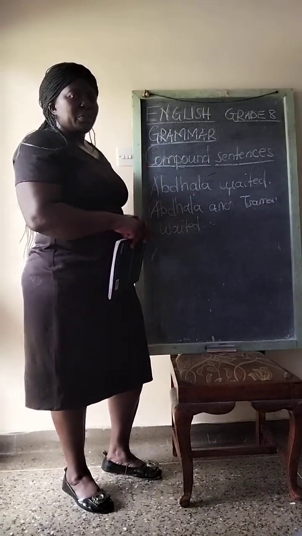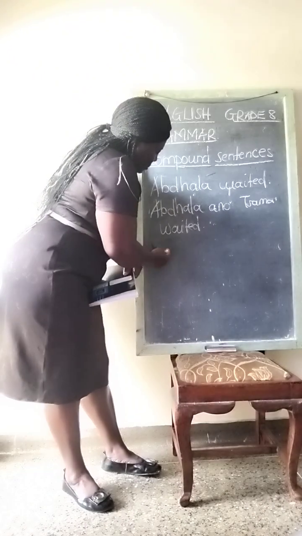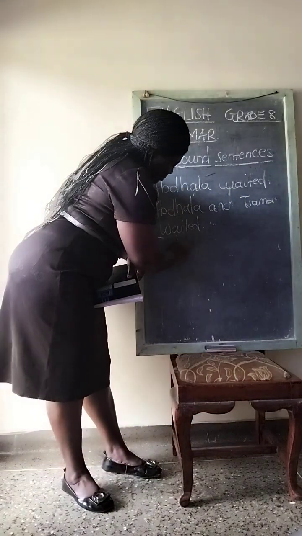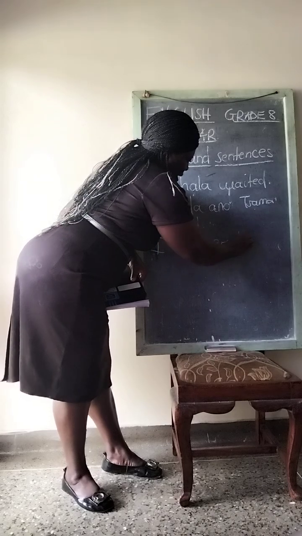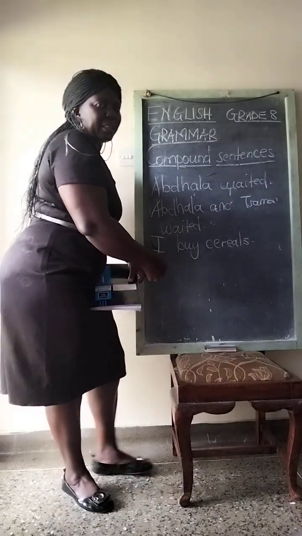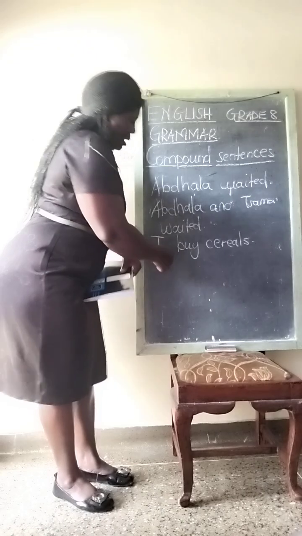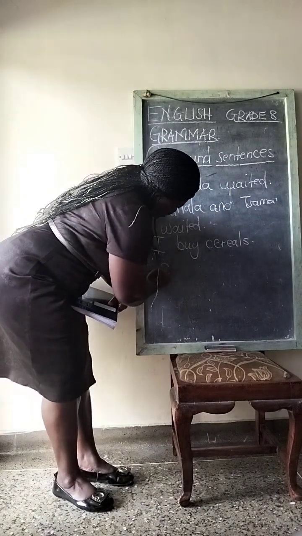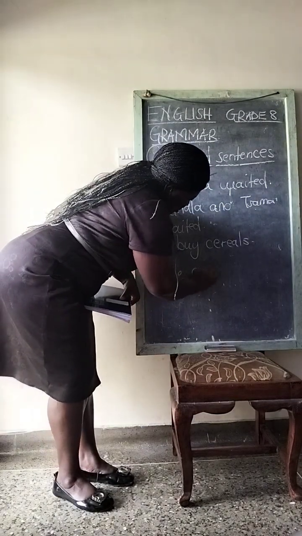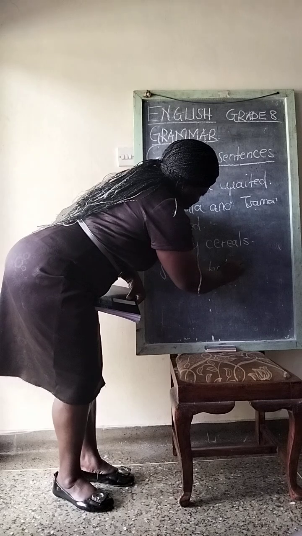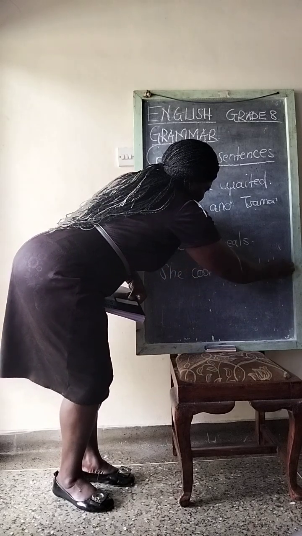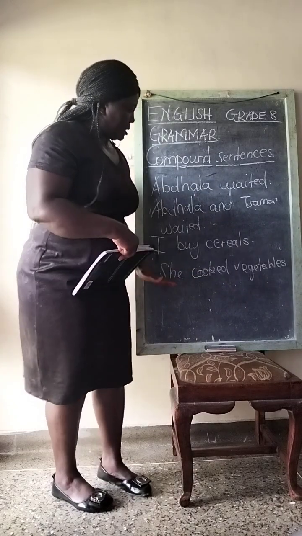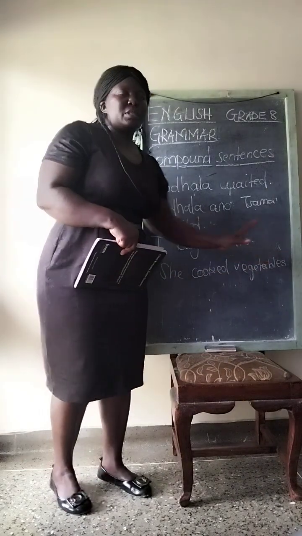I hope you're also giving yours. We can also say another one. I buy cereals. Another simple sentence. Another one. She cooked vegetables.